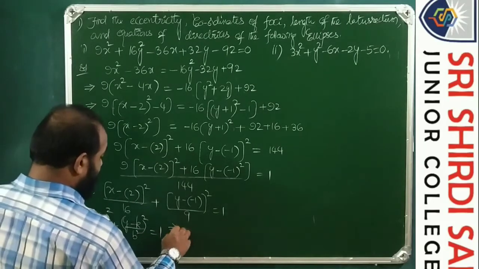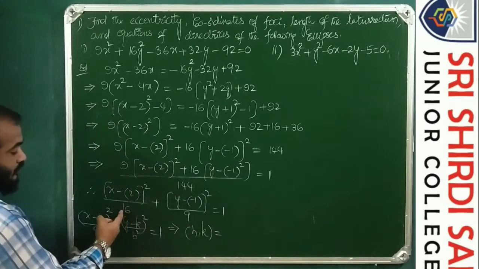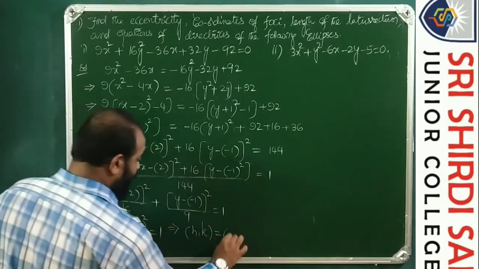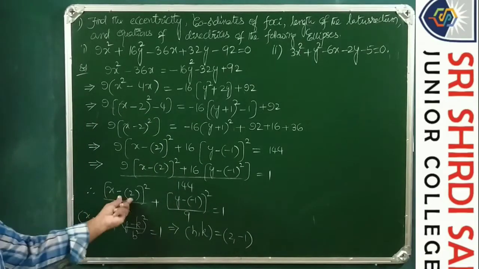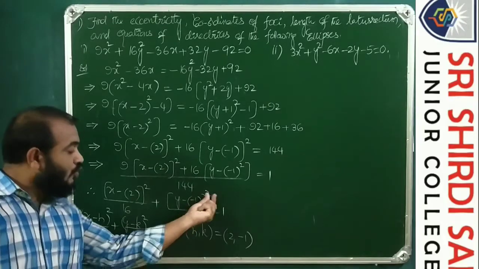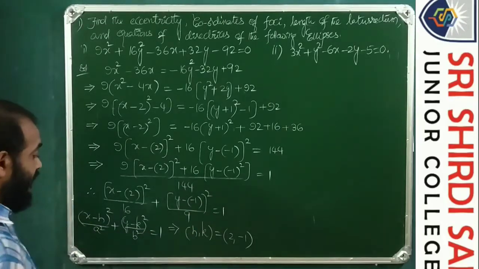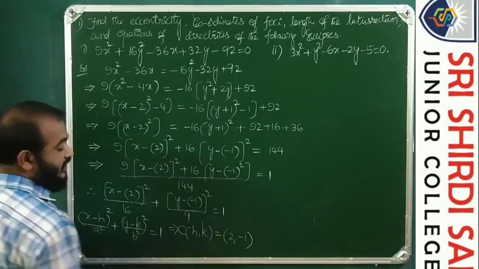Here h, k are 2, −1. So this is the center, C (h, k).